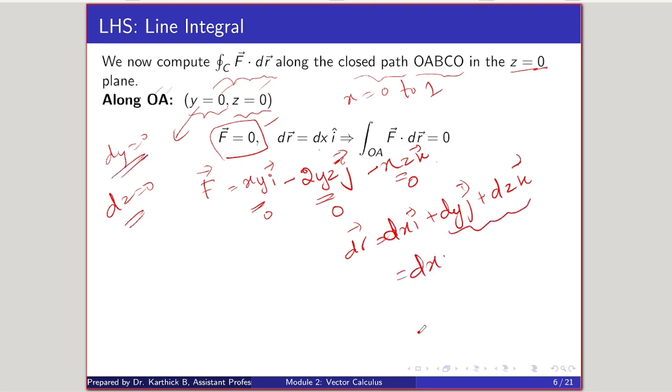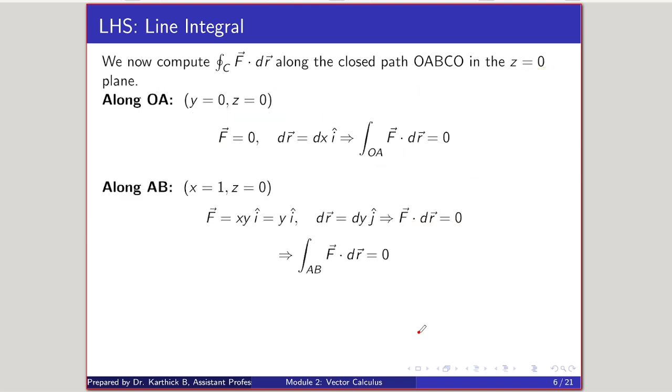Therefore we get only dx i vector. So we write that dr vector will be dx i vector. Finally, our LHS part over the curve C, here the curve is OA, will be F vector dot dr vector. Here F is 0. We have to integrate 0 with respect to the variable x, which means definitely we will get 0.